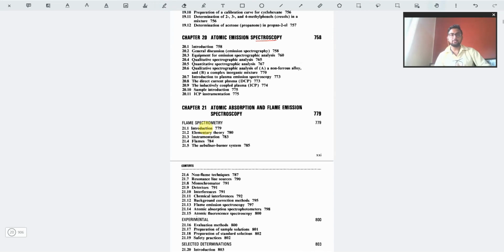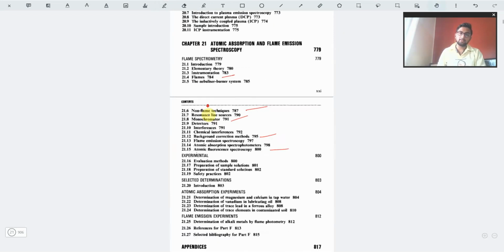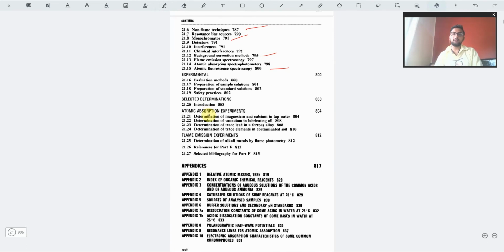This part is also extremely important, because from here we learn how sodium lamps work. You need to know what a flame is, how a flame works, what a monochromator is, non-flame techniques, background correction methods, and fluorescence spectroscopy. All those parts.